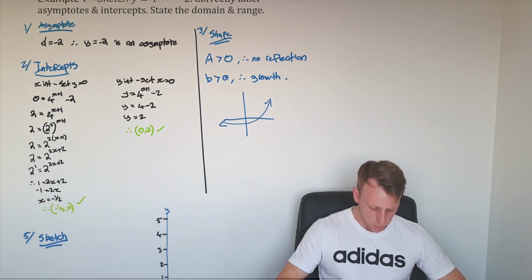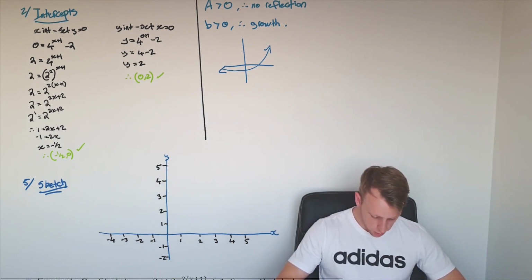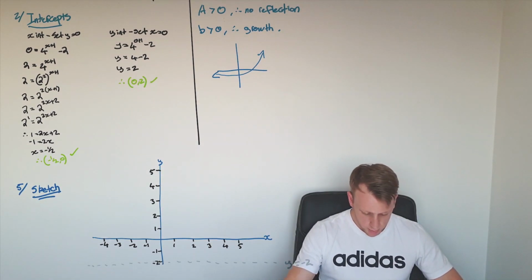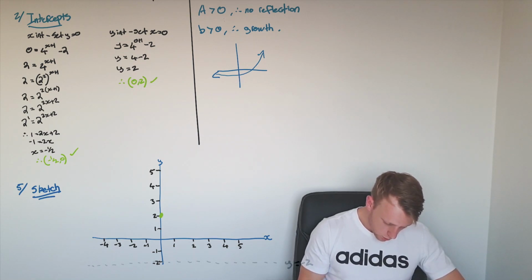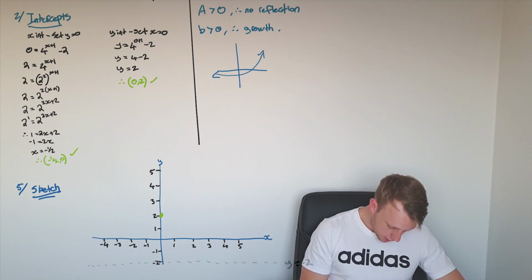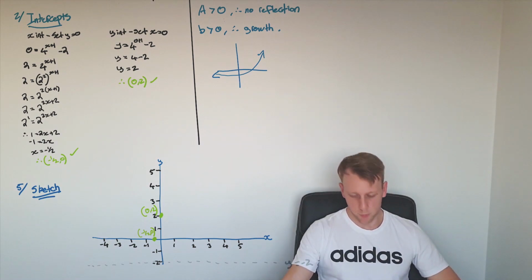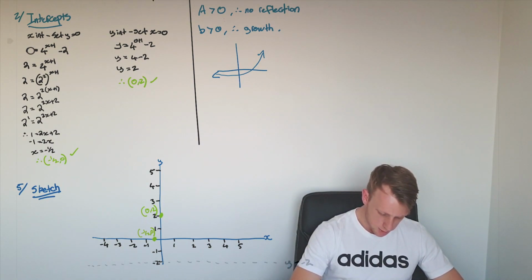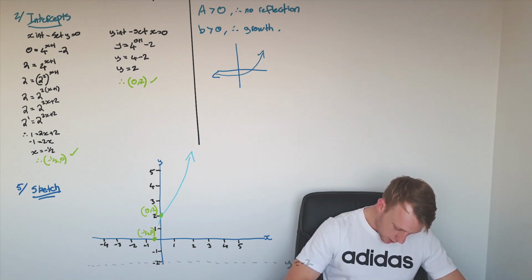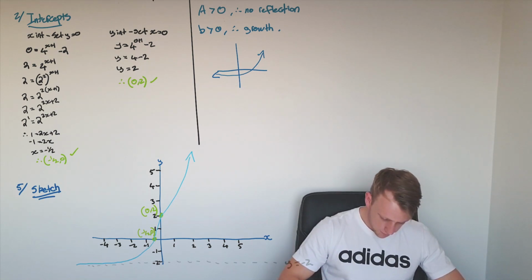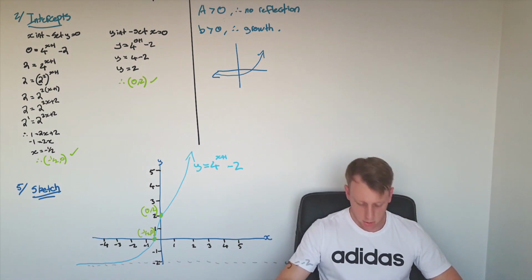The first thing I found was an asymptote, so that's the first thing I'm going to put on, and then I'm going to put on my intercept points, that is when I am at the point (0, 2) and (-1/2, 0). And I know the shape of this. It's going to shoot up like that, and it's coming down through here, and we'll asymptote off there. That would be the sketch.